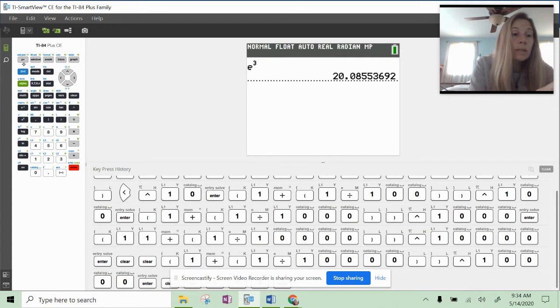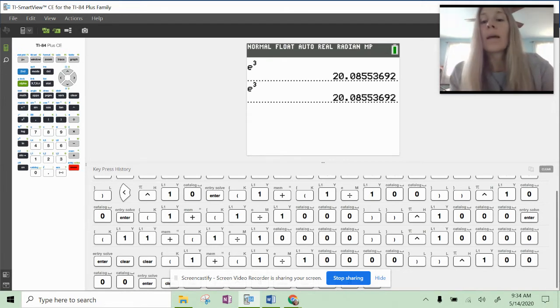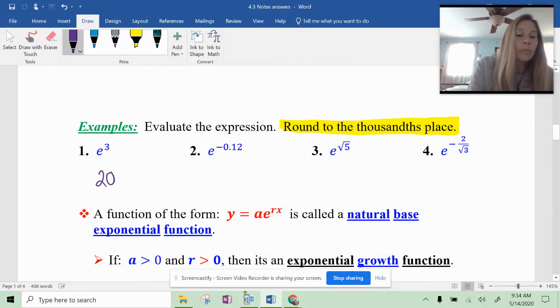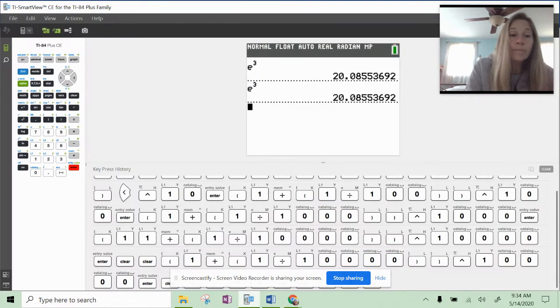Or you can use the second key and your ln, which already has it raised, and then you just have to put in the 3, and you're still going to get 20.0855, which would round to 20.086.